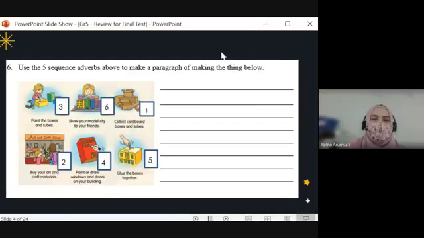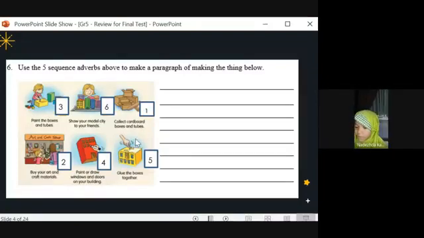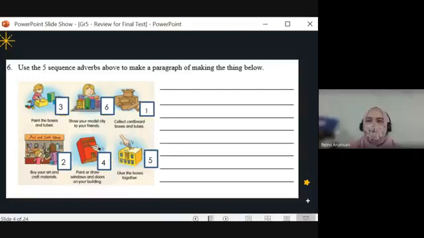Okay, 5C. Now, look at the first step. The first step is collect cardboard boxes and tubes. Now, what do you need to write for the first sentence? First, collect cardboard boxes and tubes. All right, thank you, Desda. What is the next step? Maisha, what is the next step after the first step?